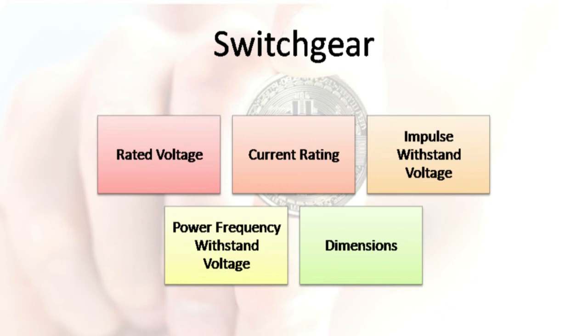So let's start off with the switchgear. The switchgear contains a mix of electrical disconnection switches, fuses, or circuit breakers used to operate, secure, and separate electrical equipment. In order to allow work to be performed and to clear faults downstream, switchgear is used for de-energization of equipment.